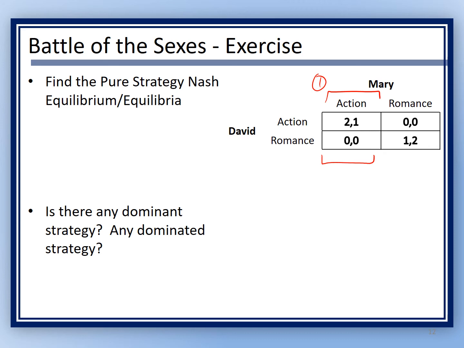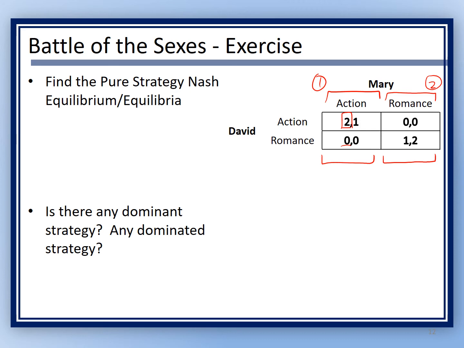So let's start by assuming Mary has already chosen to go to the action movie. What would David do? He can either go to the action movie with Mary or go to the romance movie alone. Going to the action movie makes him happier, so he's going to go to the action movie. Second, suppose Mary has chosen to go to the romance movie.